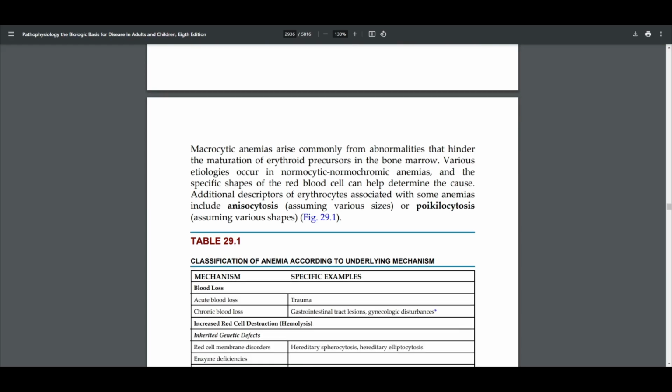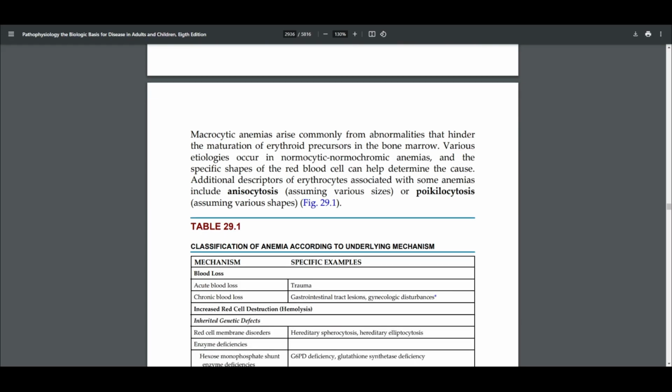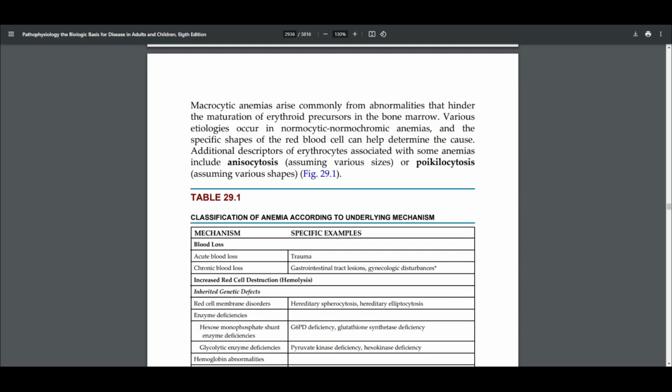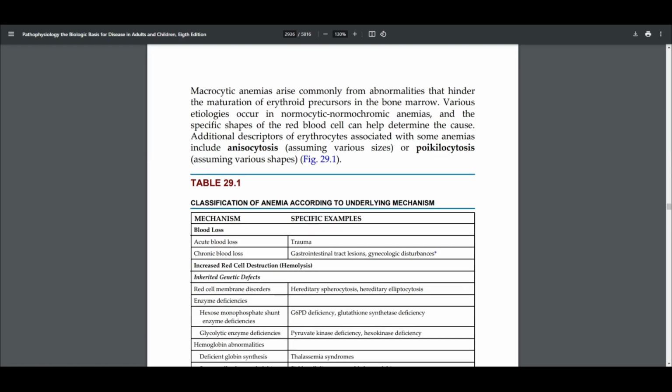Macrocytic anemias arise commonly from abnormalities that hinder the maturation of erythroid precursors in the bone marrow. Various etiologies occur in the normocytic normochromic anemias, and the specific shape of the red blood cell can help determine the cause.